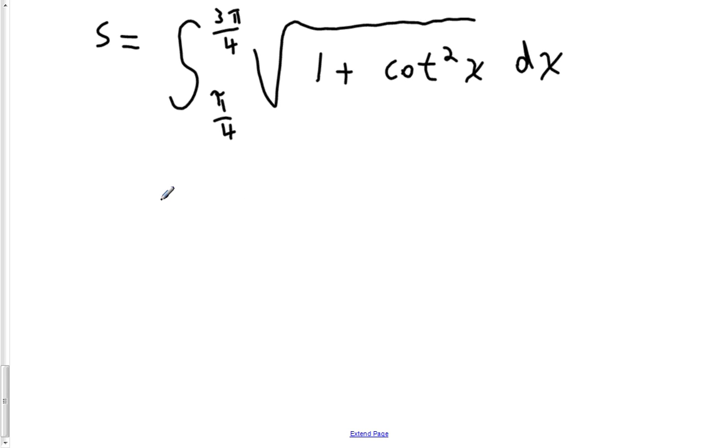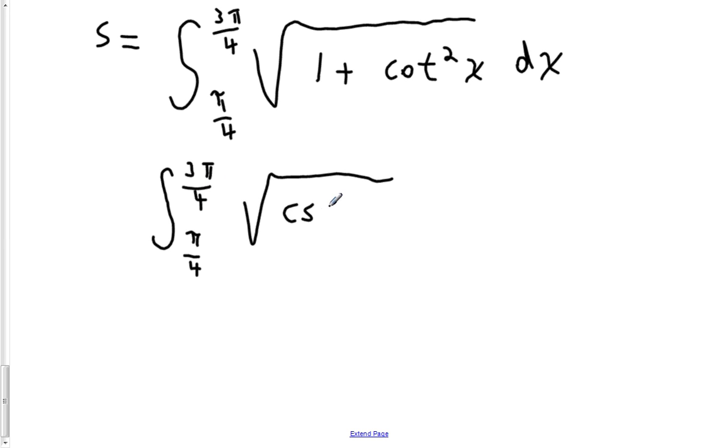So 1 plus the cotangent squared by the Pythagorean identity is actually the cosecant squared. So this becomes the integral from pi over 4 to 3 pi over 4 of the square root of the cosecant squared of x dx. And the square root of the cosecant squared is just the cosecant.